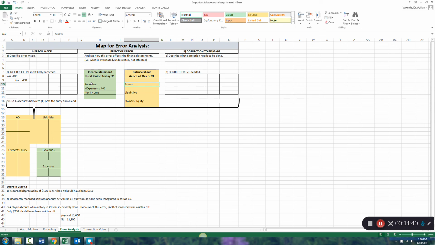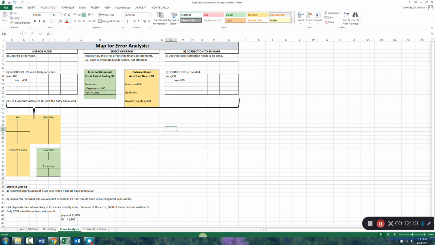And then my assets, I should not have reduced assets so much, so my assets are going to be understated by $400. Okay, so naturally, owner's equity is understated by $400. So what do I need to do? I need to correct it by increasing the value of inventory and reducing the loss on the inventory.